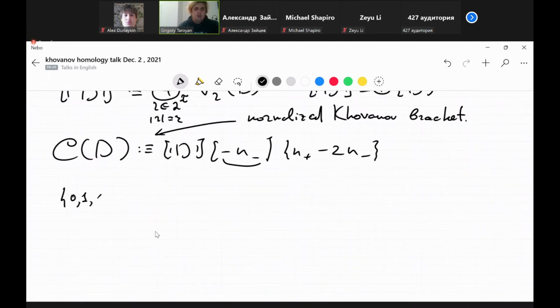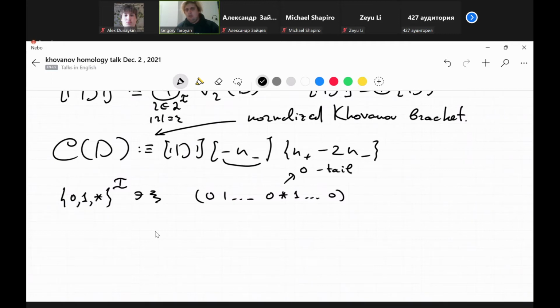We can take the 3-element set, and here each edge corresponds to a sequence of length m with exactly one star. To find the tail and the head of this edge, we just need to evaluate this star at 0, so that's the tail, or evaluate this star at 1, so that's the head of our edge.